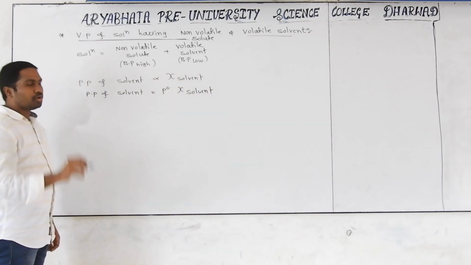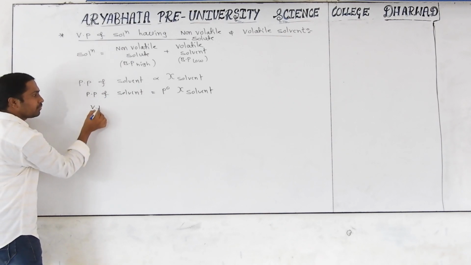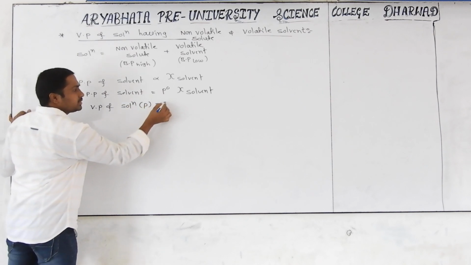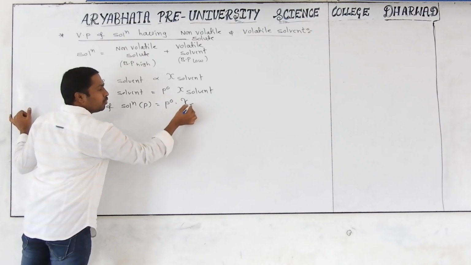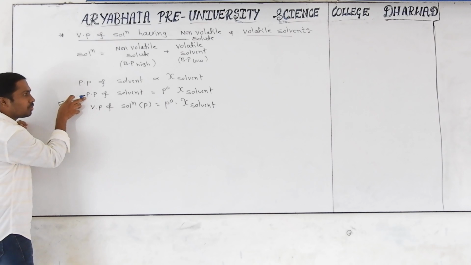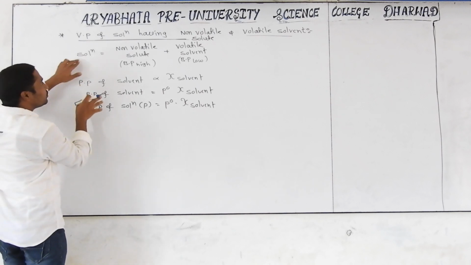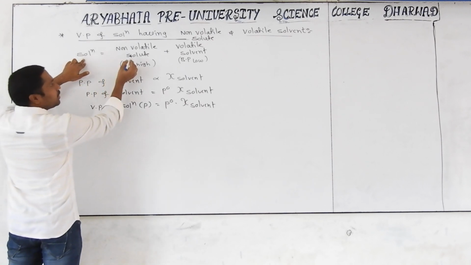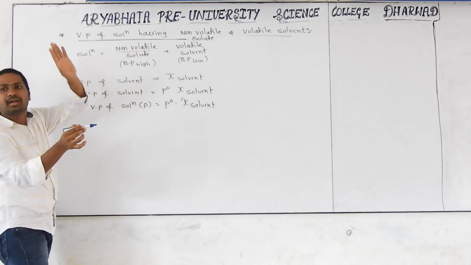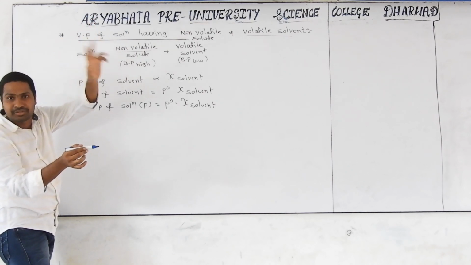particle. Here we have to observe one thing. Instead of the partial pressure of the solvent, I am writing the vapor pressure of the solution, P, equals P0 into the mole fraction of the solvent. Why did we write the vapor pressure of the solution instead of the partial pressure of the solvent? Once we come to the solution point, the solute is non-volatile, which means it almost cannot undergo evaporation, so it will not create any pressure.